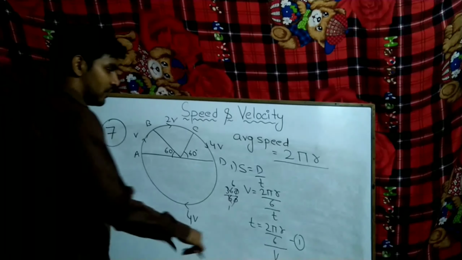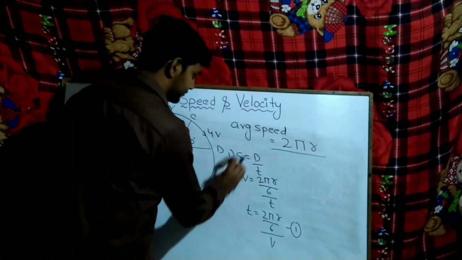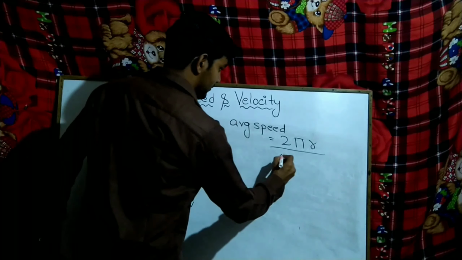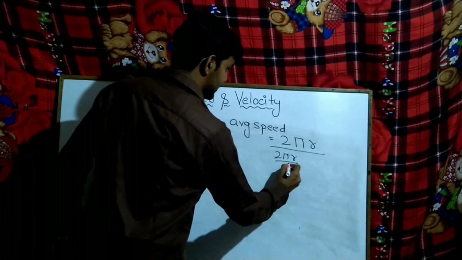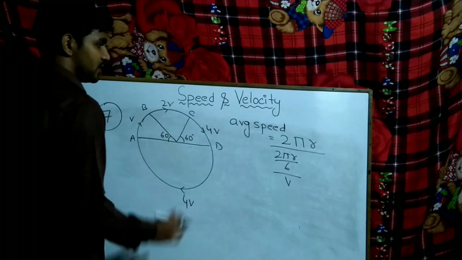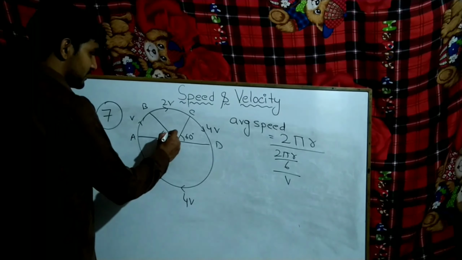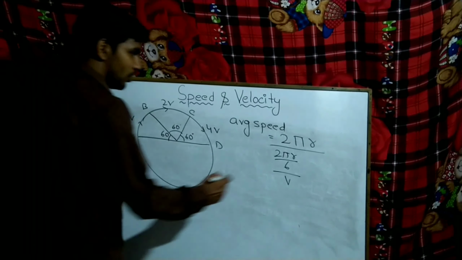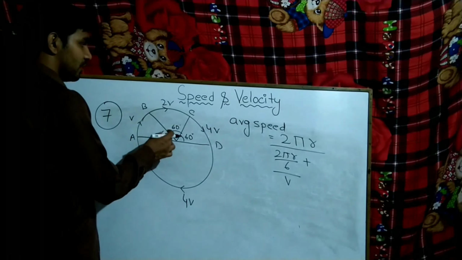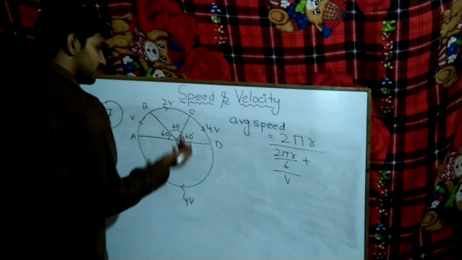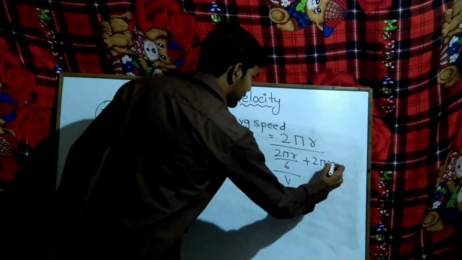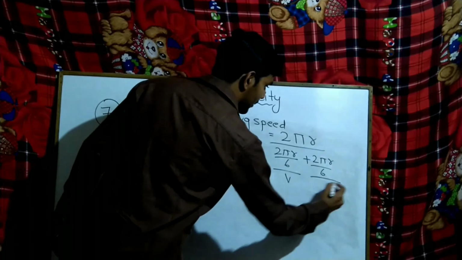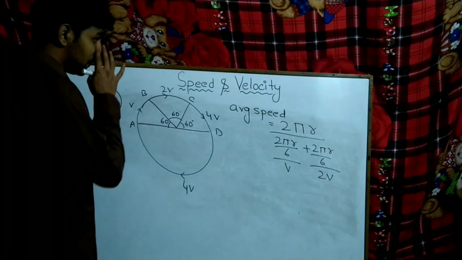Now write down: 2 pi r by 6 by v. This is the first. Now if this is 60, this is also 60, because the total is 180. So plus again 2 pi r by 6, because it is only the sixth part, divided by the speed 2v.